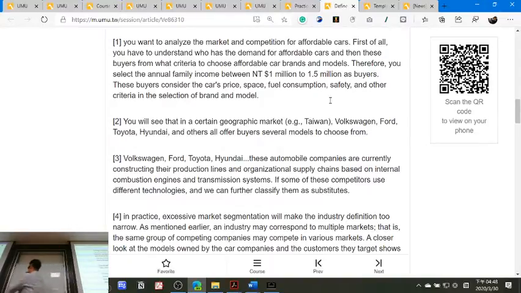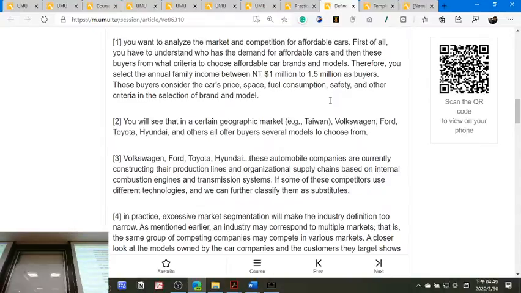Affordable car. You want to study the affordable car industry.